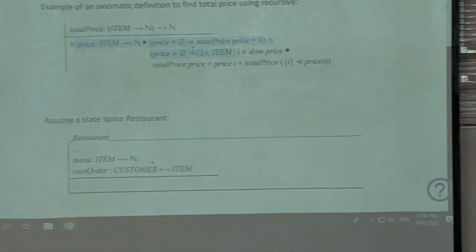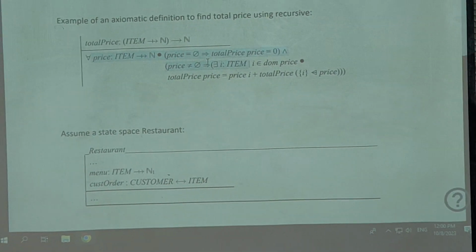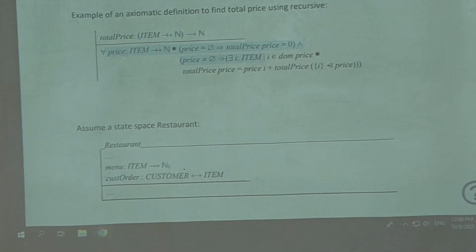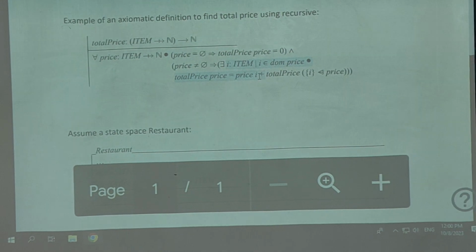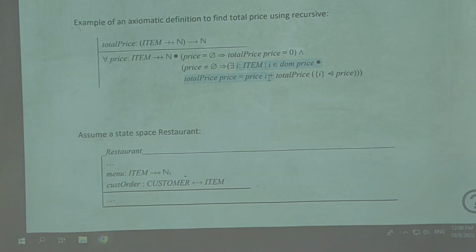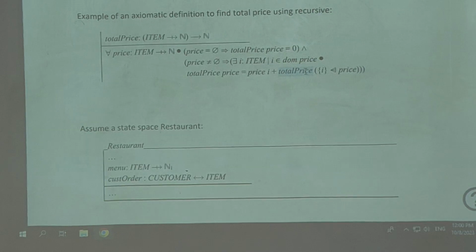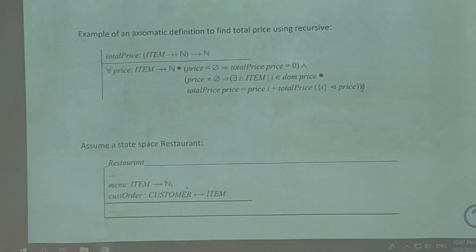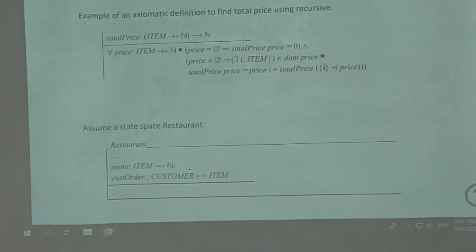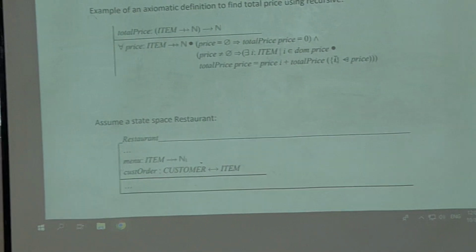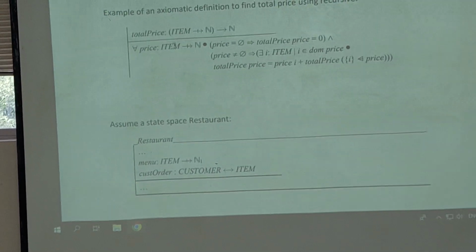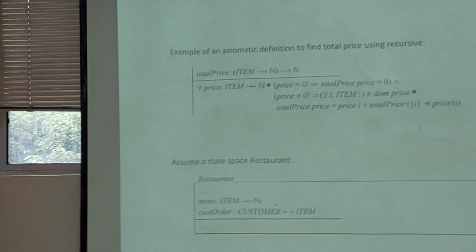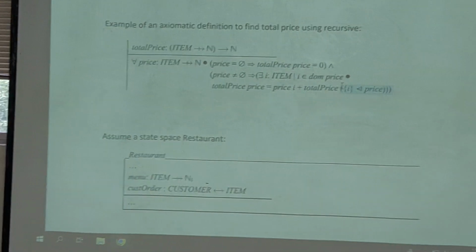But in our Z schema, we didn't use for loop or while loop. That one is coding. So how to do looping in Z schema is by using set comprehension. So for the total price, you get n for price i, domain i, but you remove the whole thing after that.